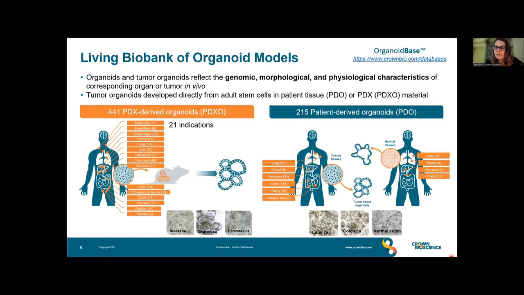Here you can see the different indications that we currently have in the biobank. However, the biobank is constantly evolving, and more models are being added. For very rare types of tumors, we also have the possibility to genetically engineer models that are still lacking from the biobank.